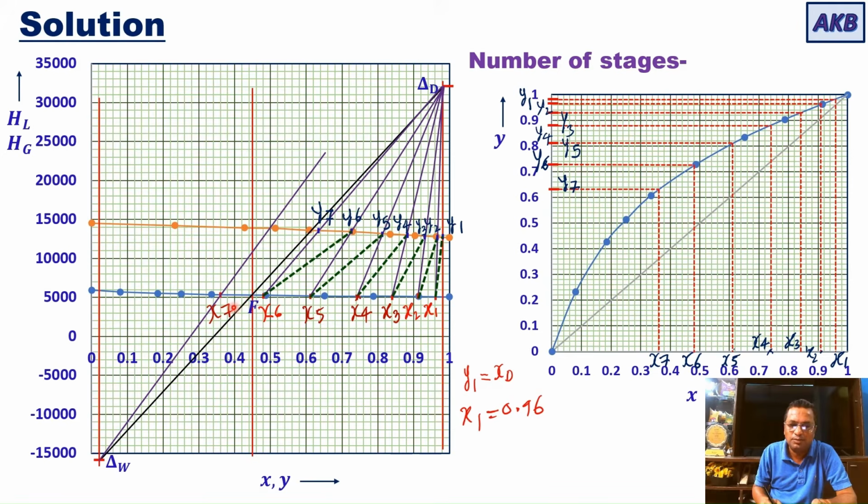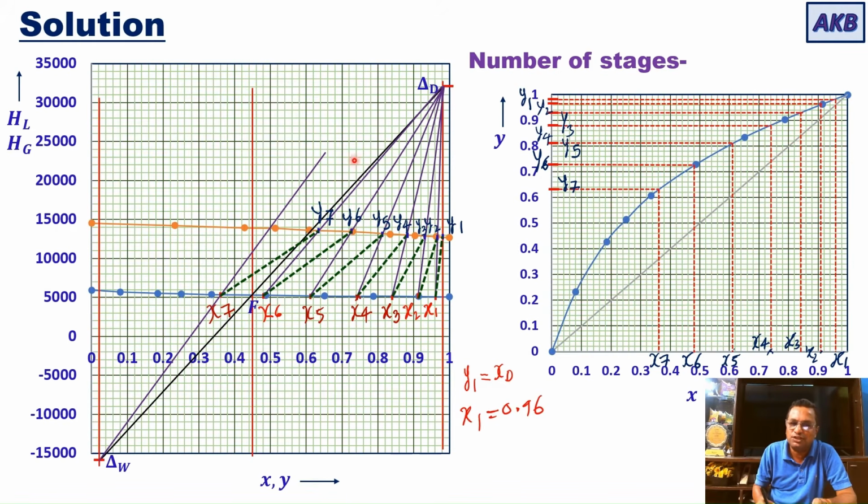This time, the construction line will be drawn from X7 to delta W, and it will be extended so as to intersect the upper curve. The construction line will be drawn like this.